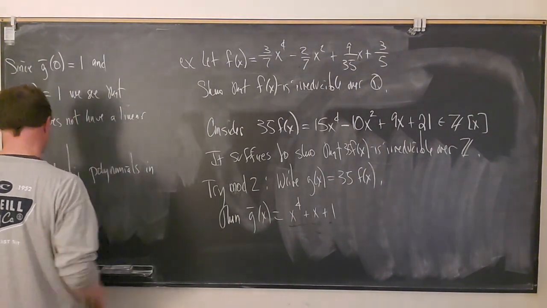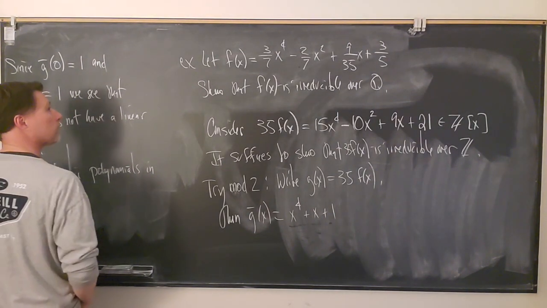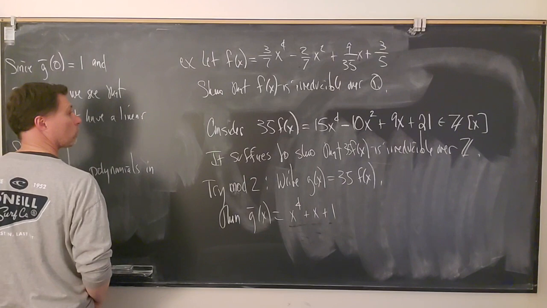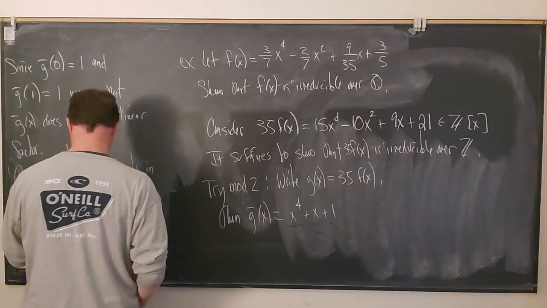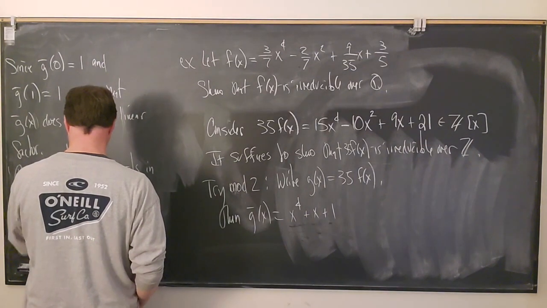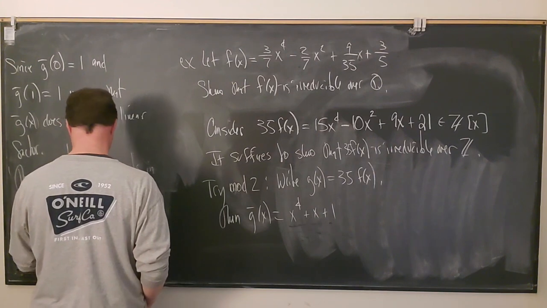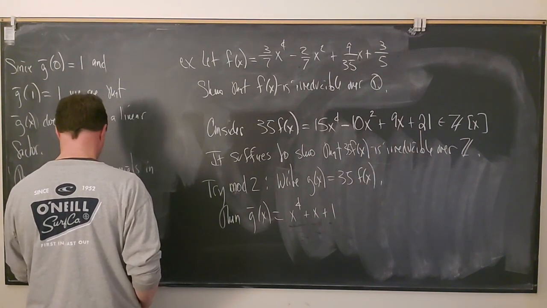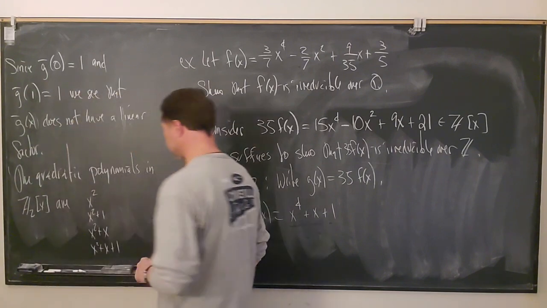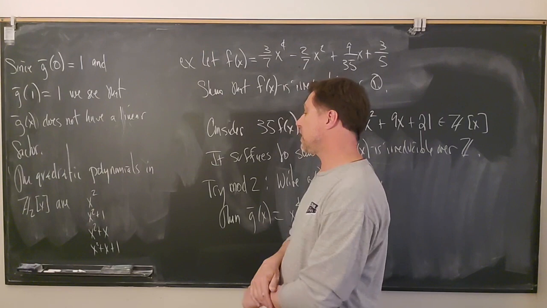Okay, the quadratic polynomials in Z2 bracket X are, so let's see, x squared plus 1, x squared plus x, and x squared plus x plus 1. All right, so there's exactly 4 quadratic polynomials in Z2 bracket X.